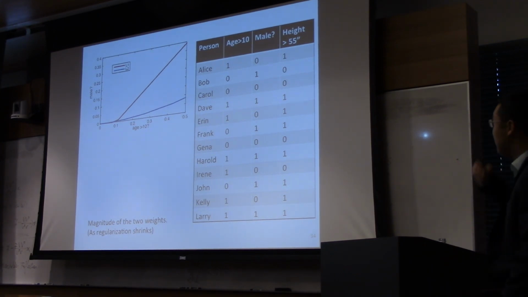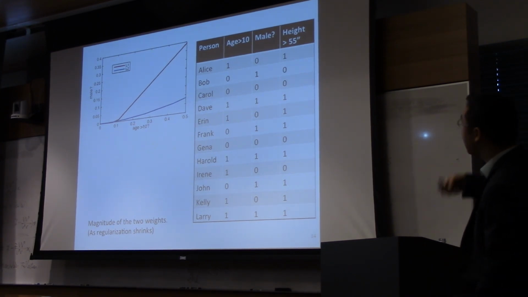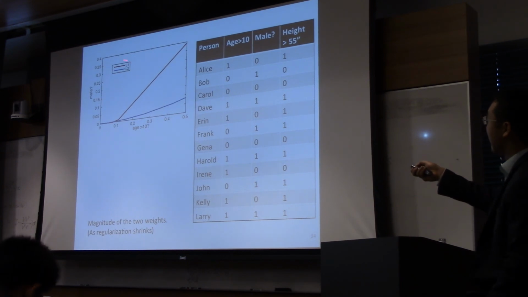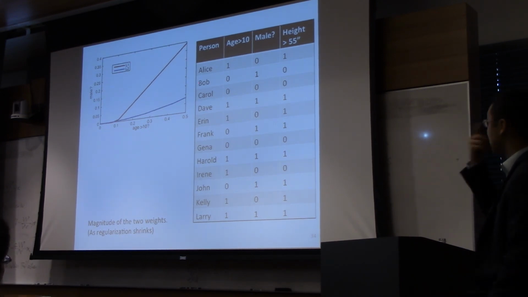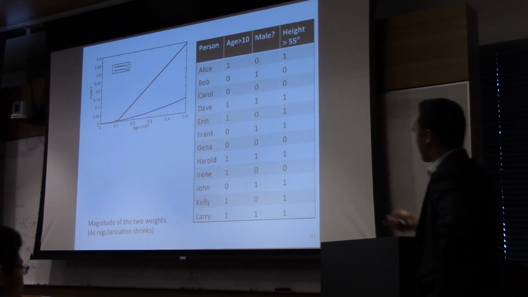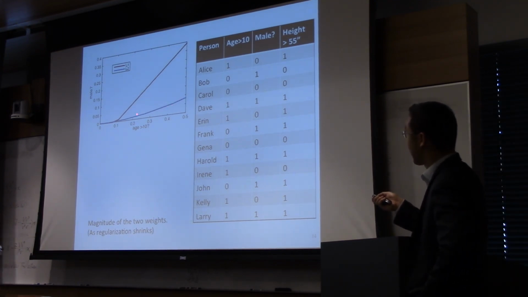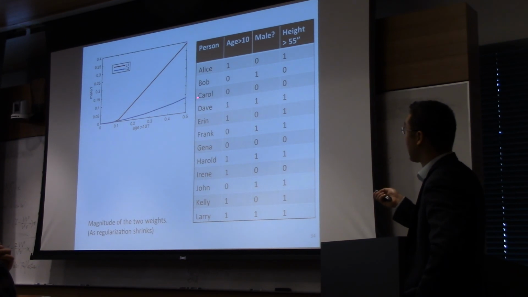As you decrease lambda for L1 and L2 regularization, both weights go up, right? So this visualization is a little bit confusing. Each point on this curve corresponds to a different choice of lambda for L2 regularized least squares regression.